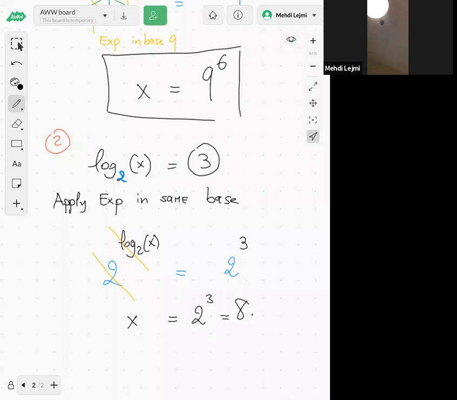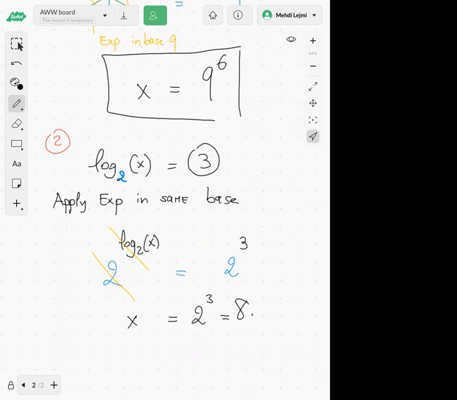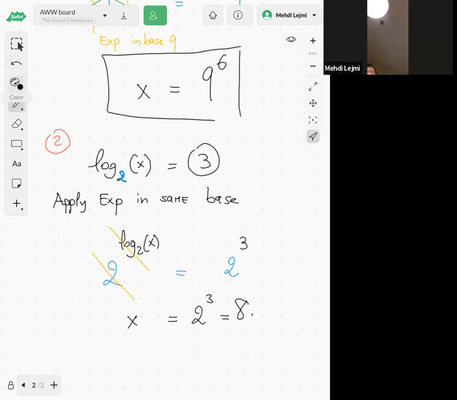So the idea here, guys, for these logarithmic equations, whenever you have a log, get rid of the log by applying exponential. Yes, Elizabeth. For the final answer, do you want the 8 or the 3 or the 2 cubed? No, the final answer is x equal to 2 cubed, which is 8. So the final answer should be 8.